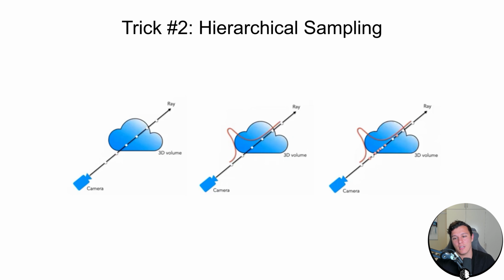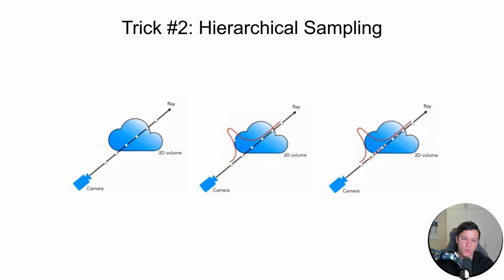The second trick that they use is hierarchical sampling. So let's just look at this one to the left here. We have this camera. We send out this ray. We have some cloud, which is some object, right? We sample these ray points, and these are at uniform distance, so we get points which are uniformly distant from each other.